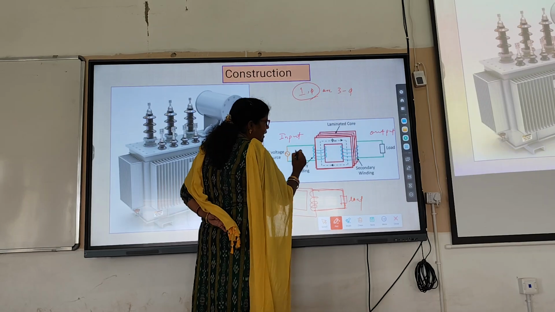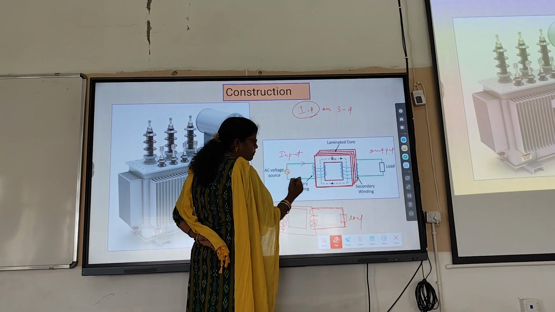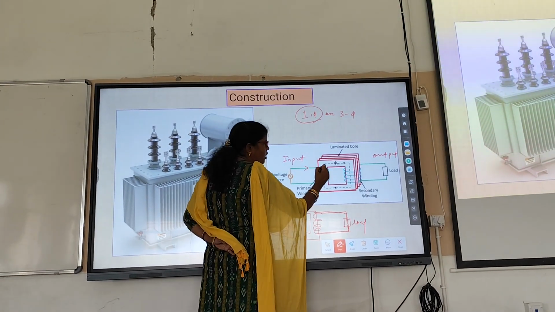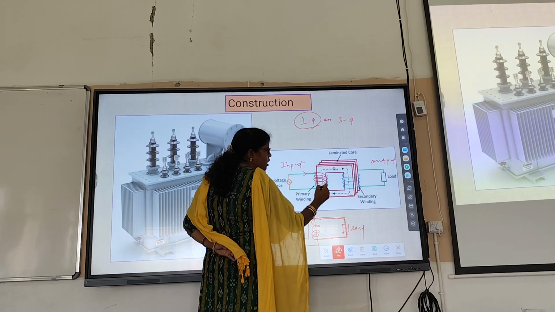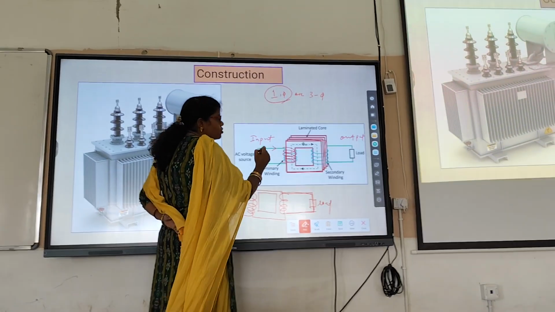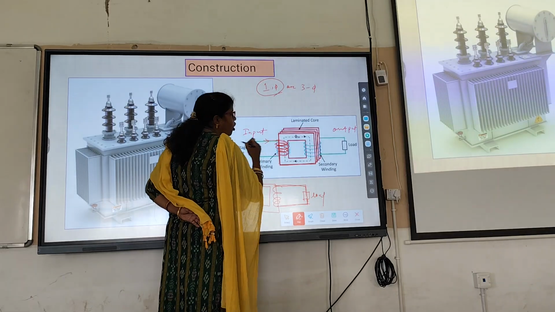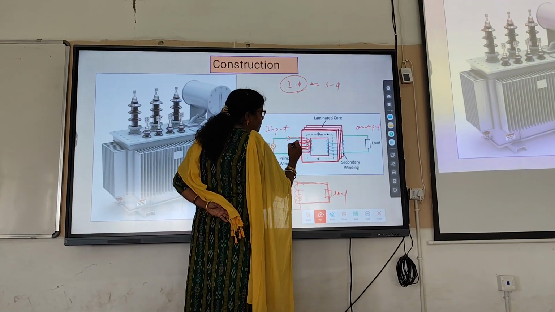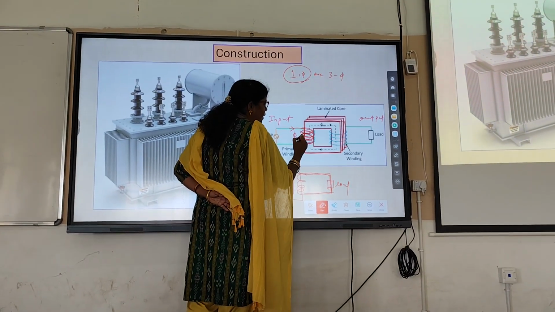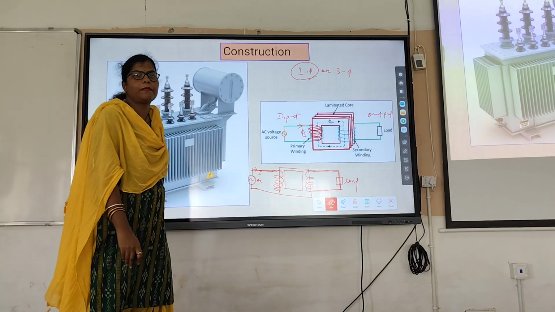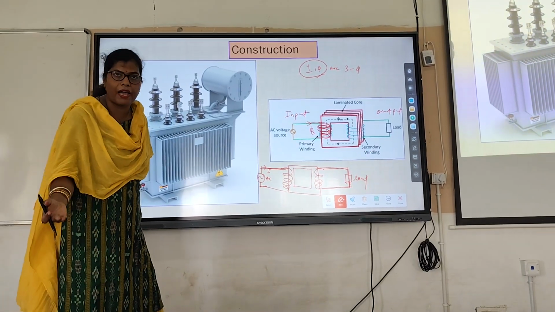When I give some supply at the primary side, there is a number of turns of the winding. When current flows through the winding, it automatically establishes a magnetic flux phi 1.